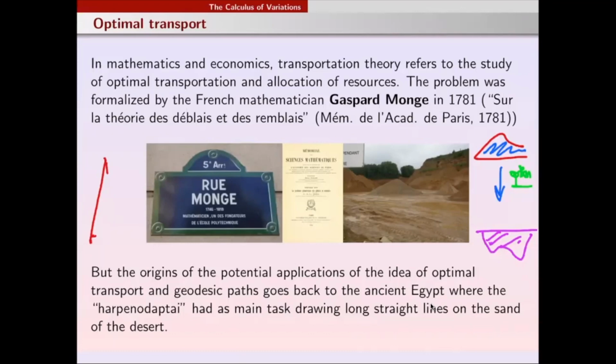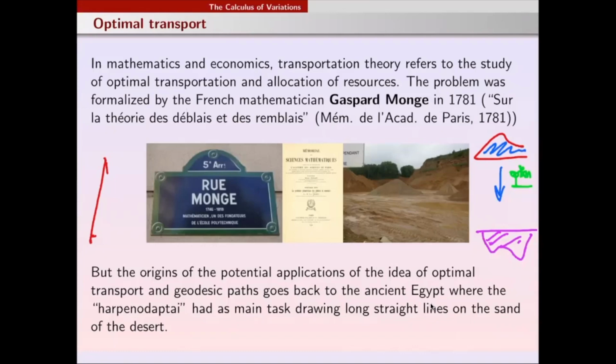So with just one trip, you will be able to transport all goods from your home to the new apartment. Okay, so this is optimal transport.